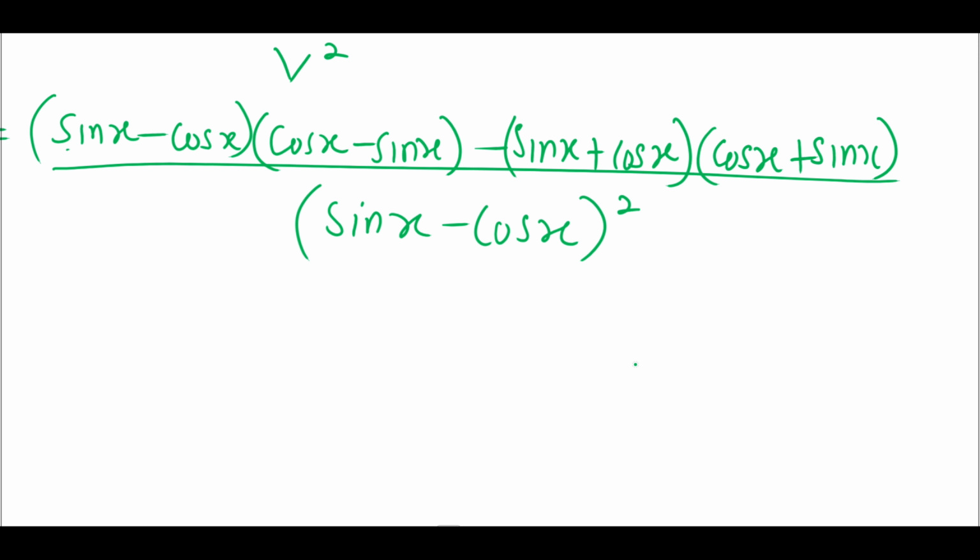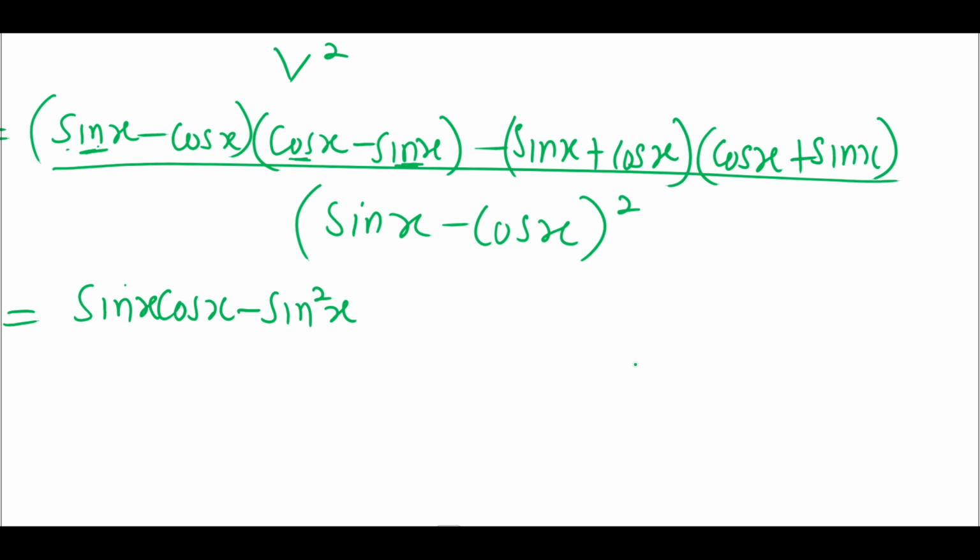So we have sine x multiplying cos x and negative sine x. So sine x times cos x will give us sine x cos x. Then sine x multiplying negative sine x will give us negative sine x squared.